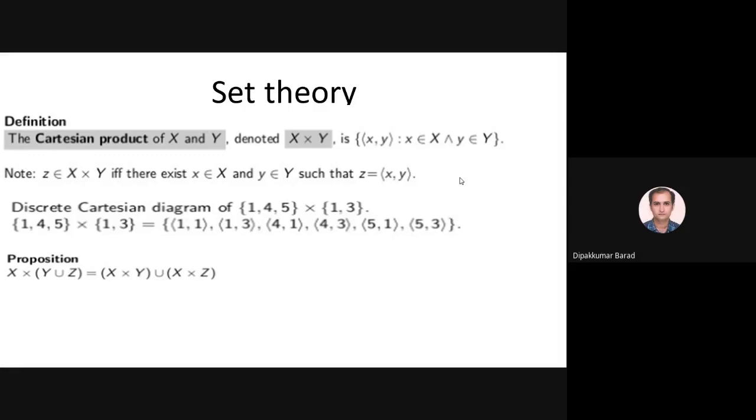Now the Cartesian product of X and Y, denoted by X cross Y, is, as I said, the set of all ordered pairs (x, y) such that x belongs to X and y belongs to Y. The product of two sets given here is (1,1), (1,3), (4,1), (4,3), (5,1), (5,3). And X cross (Y union Z) is nothing but (X cross Y) union (X cross Z), which you can prove.